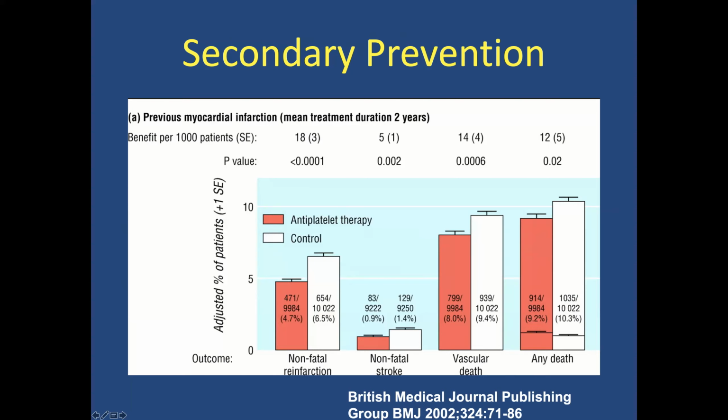So this is the reason that we use aspirin for the prevention of vascular events. Now, I will point out that very importantly, this was a meta-analysis performed in 2002. So these were primarily studies that were performed in the 1990s. So this is the basis of what we do right now, although we'll discuss why in some ways that's changing, but it is based on data from a couple of decades ago.